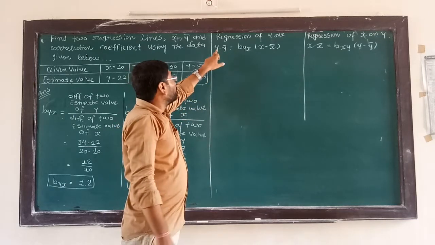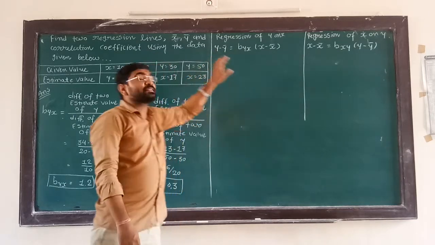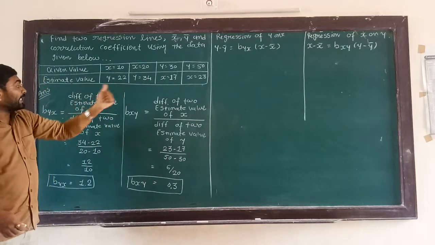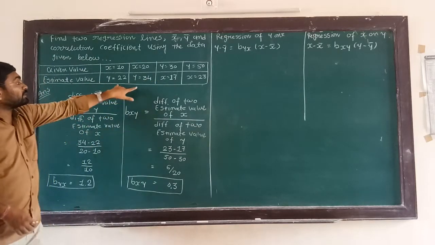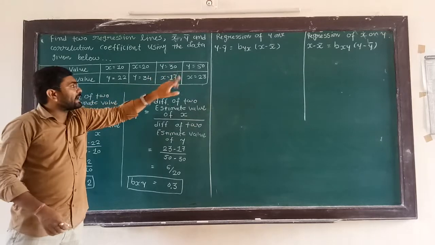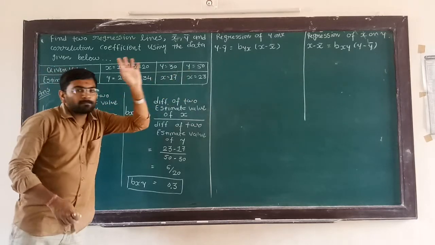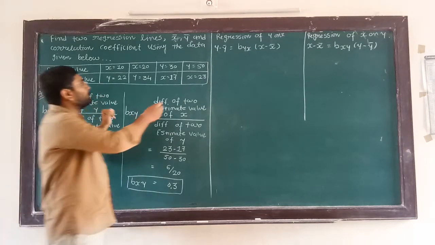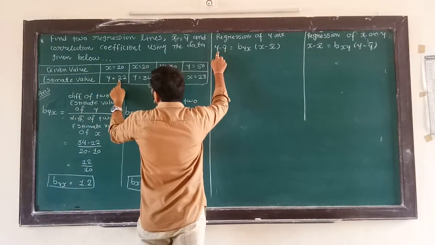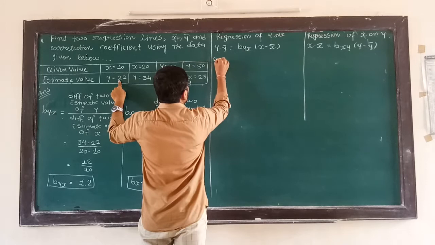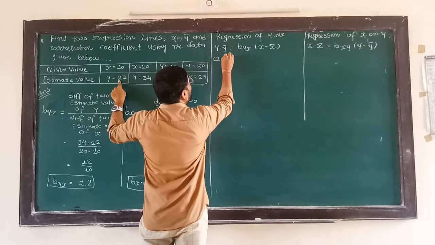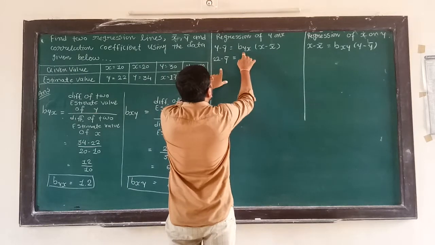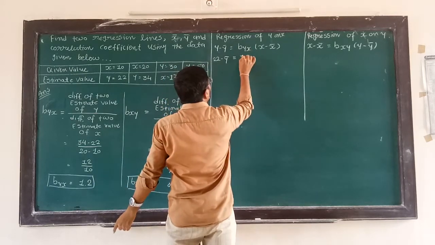Here the values of y and x are given; the first two boxes are for byx and the second two boxes for bxy. Start from here. Y is given as 22, y bar is not given, and byx is 1.2.